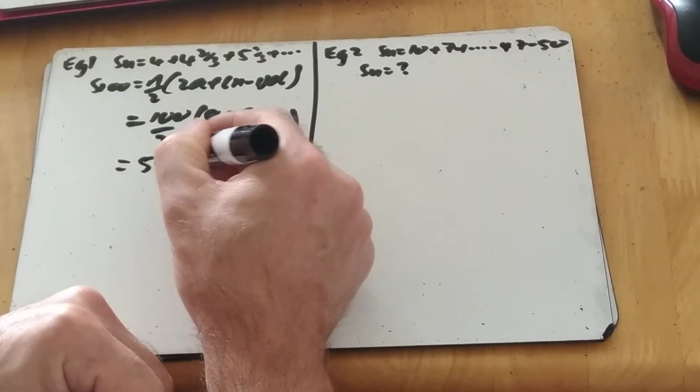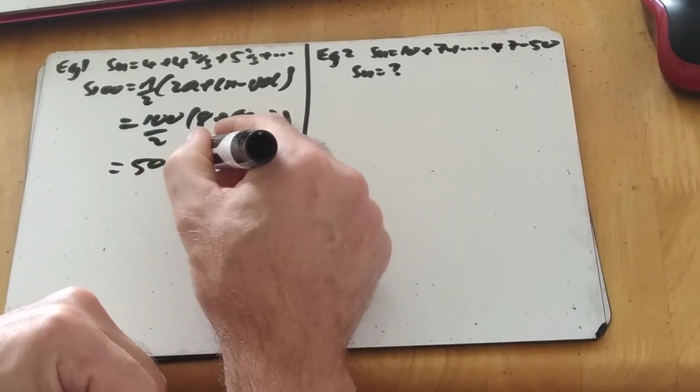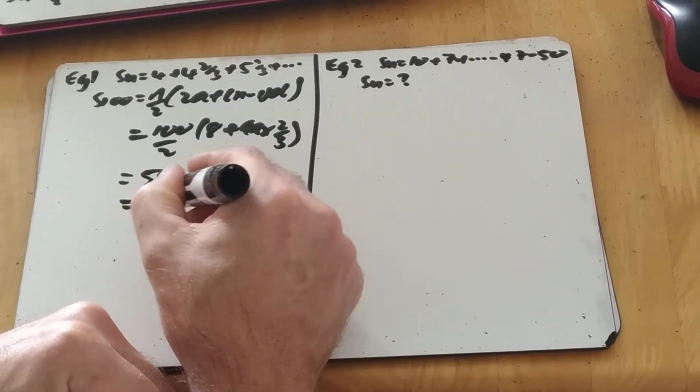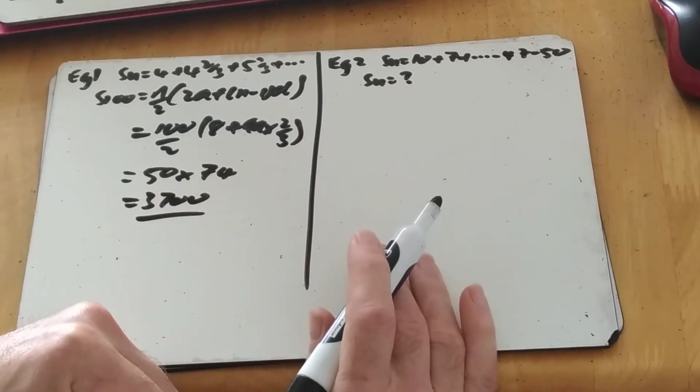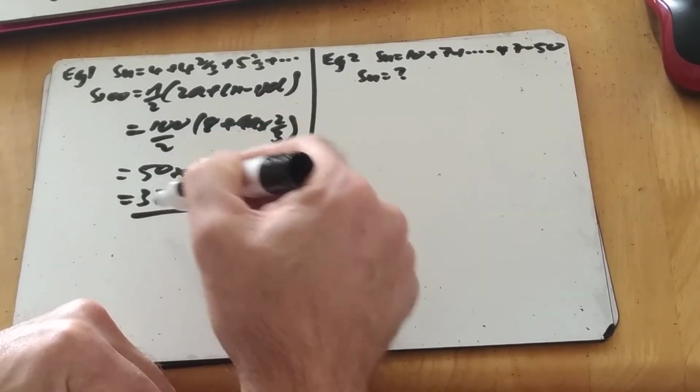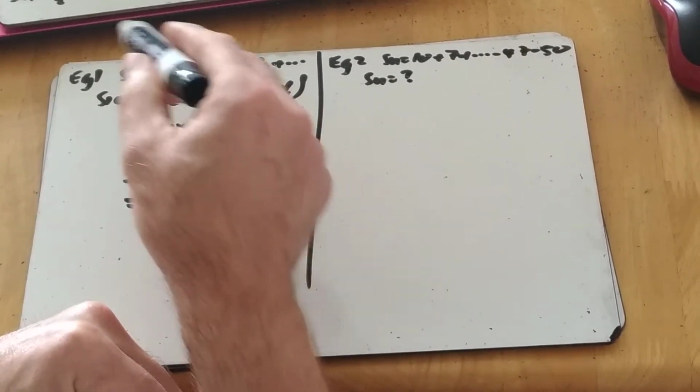So 99 times 2/3 is 66, add 8, 74, so it's 50 times 74, or 100 times 37, 3,700. Okay, so it's quoting the formula, sticking the numbers in, pressing buttons, working out the answer, but choosing which one to use there.